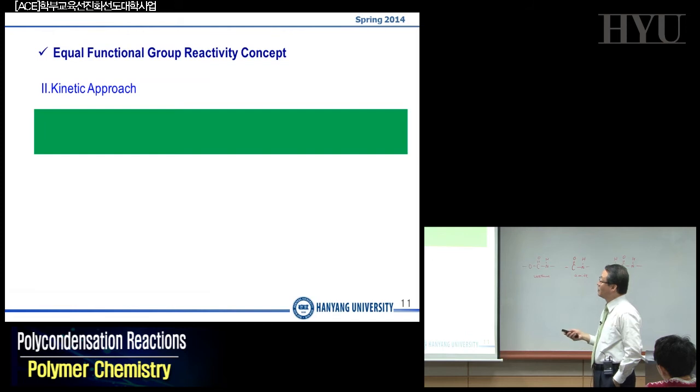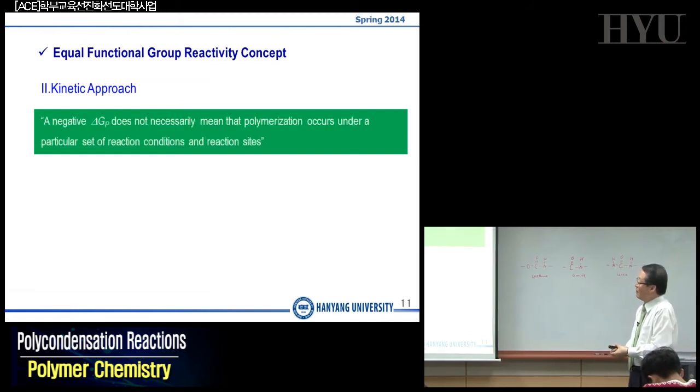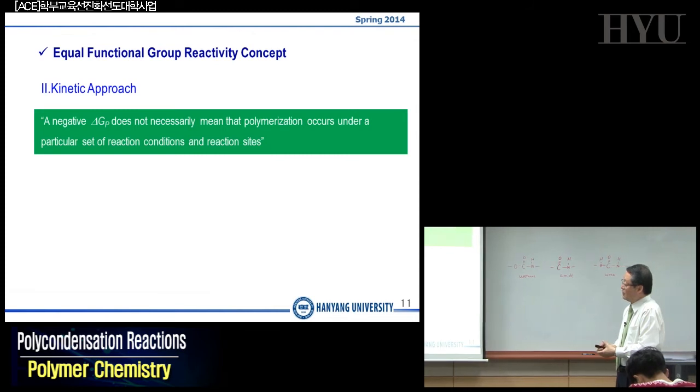Okay, the other approach, which we call the kinetic approach, is the condition where the negative Gibbs free energy change does not really matter for whether the polymerization reaction occurs.